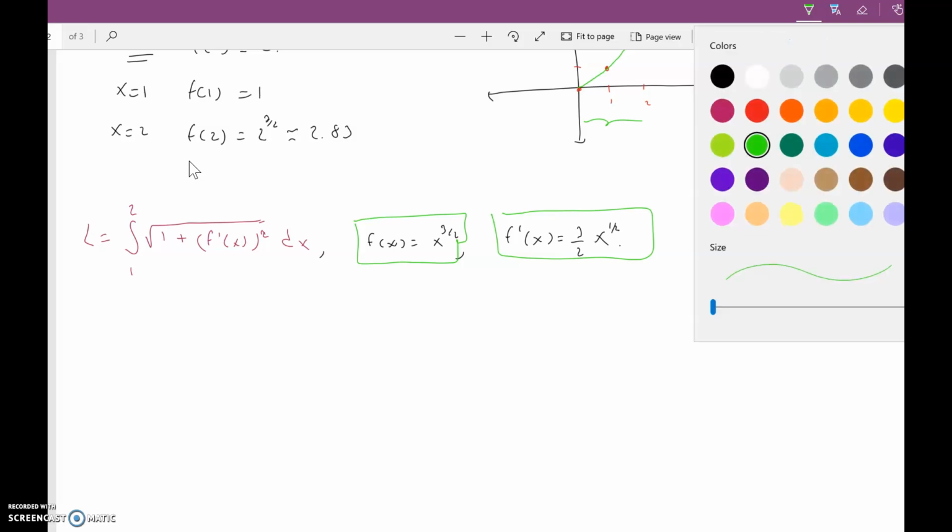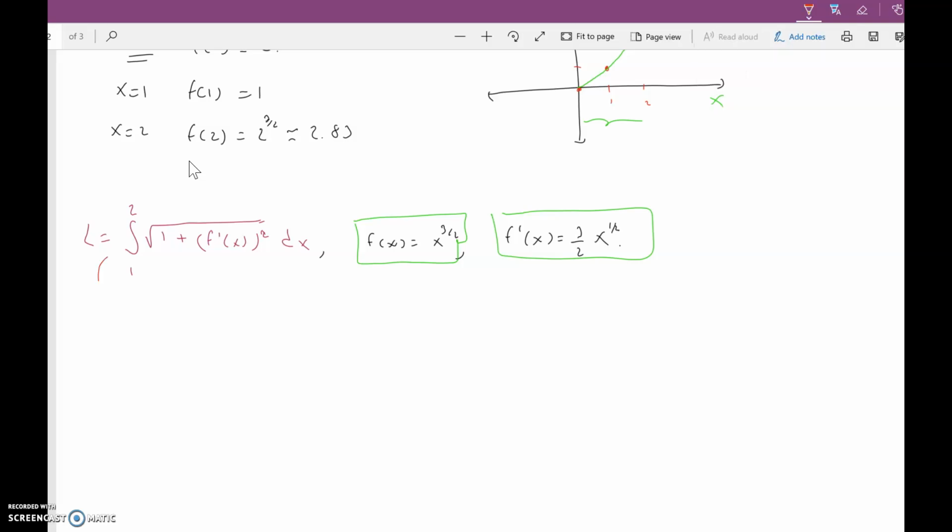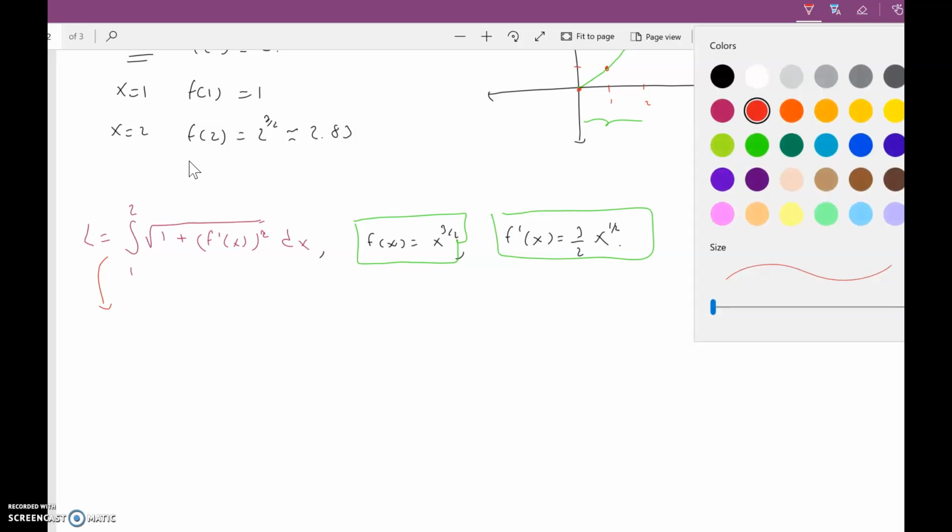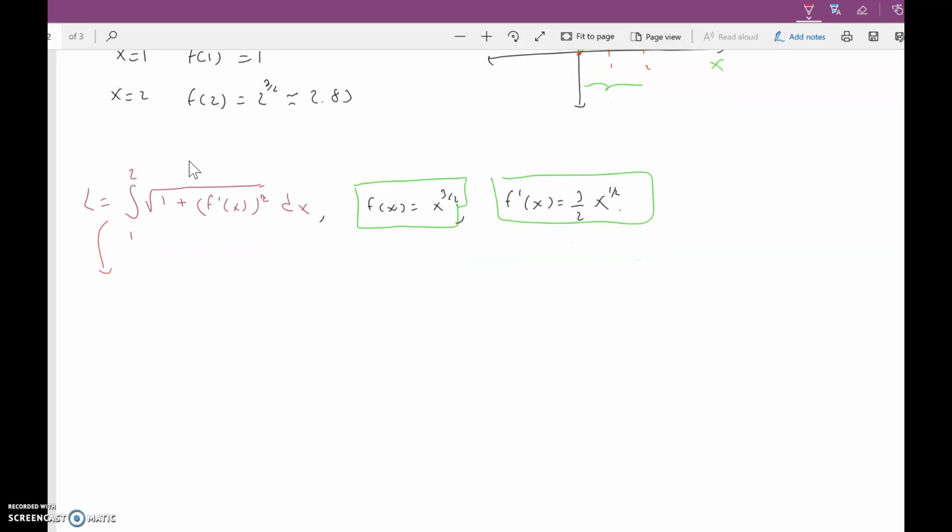And as we evaluate this particular one, it's going to turn out to be a little bit messy, but not that bad. So we're still looking at the integral from 1 to 2 of the square root of 1 plus, and let me substitute the derivative, 3/2 x to the 1/2, and then it's going to be squared dx.